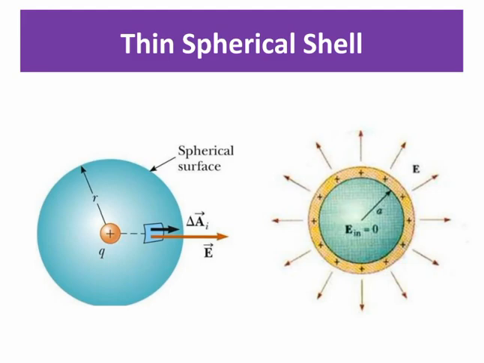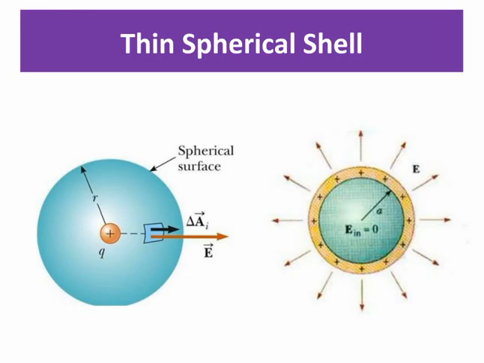Also you can see in the image, the electric field due to the uniformly charged thin spherical shell has spherical symmetry, and the electric field strength at any point is equal in magnitude and directed radially outward.